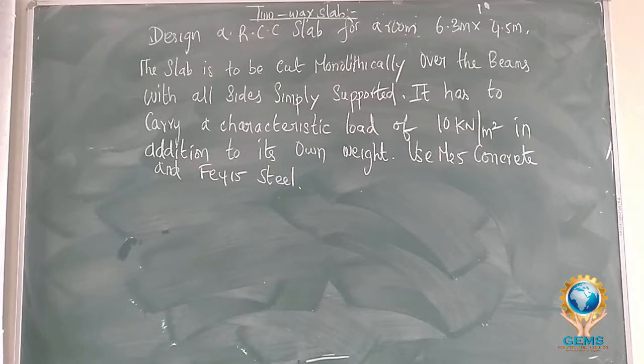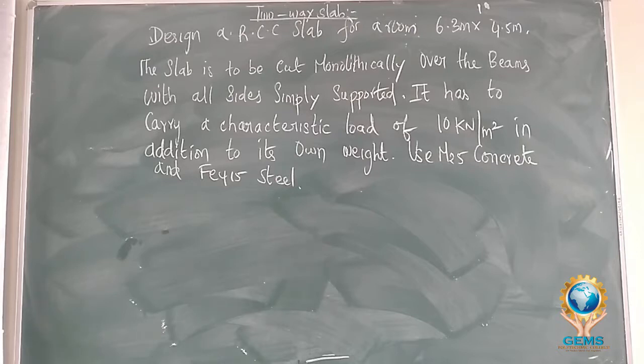In the previous one-way slab question that we solved, they had given the floor finish load. Here they have given the live load, in addition to its own weight. Use M25 concrete and Fe415 steel. Here the floor finish load is not given, so in load calculation you are not going to take it. Otherwise, if you want to take it, you can take 1 kilonewton or 1.5 to 2 kilonewton per meter square.